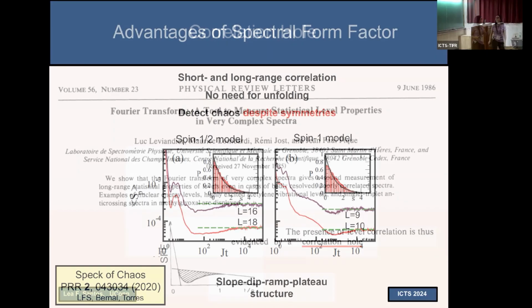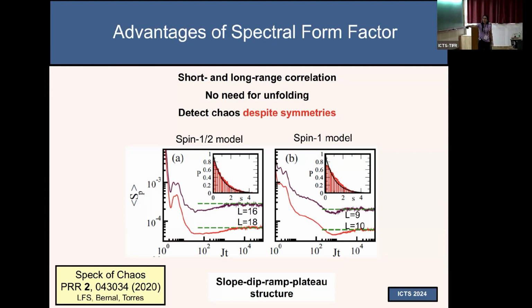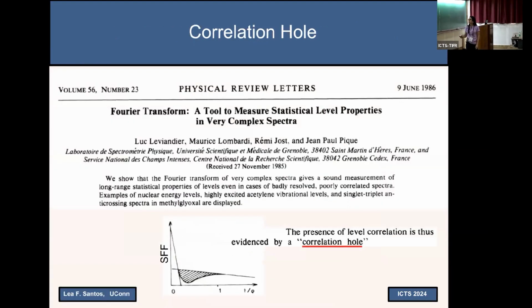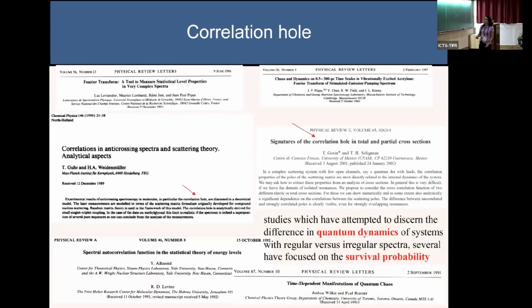If the levels are correlated, you'll get that structure, so natural to call it correlation hole. And the term was used in many other works back in the 80s, 90s, and later.